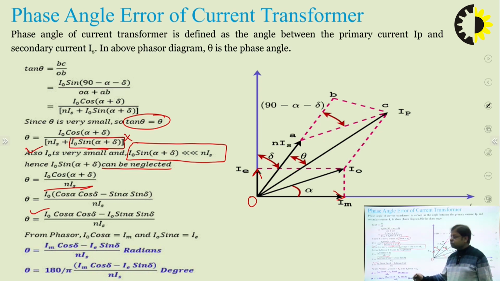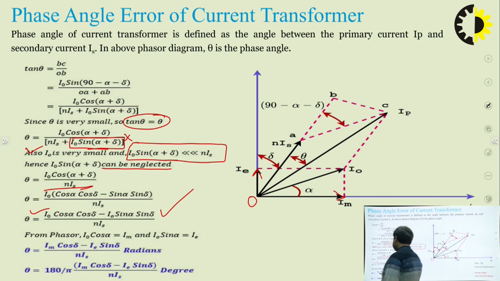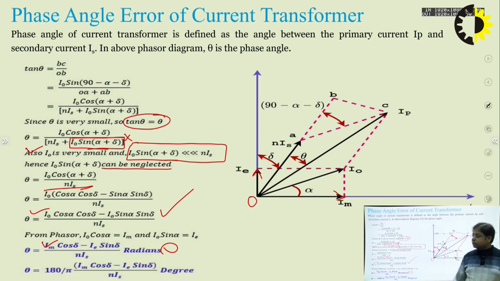Putting these values in this expression, it becomes theta equals IM cos delta minus IE sin delta in radians, and for converting it into degrees, we need to multiply it by 180 degrees by pi. So this is how the phase angle between primary and secondary can be calculated.